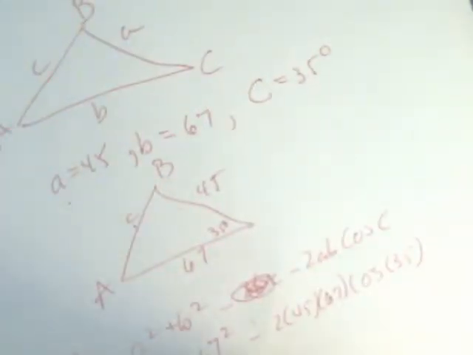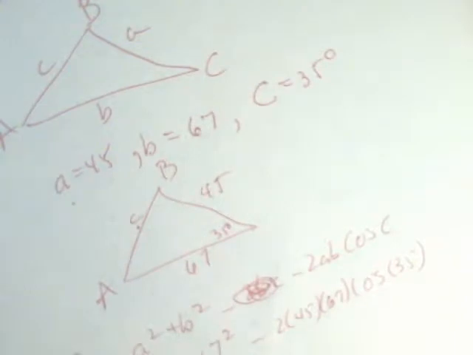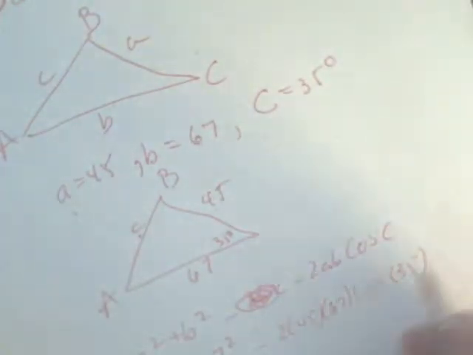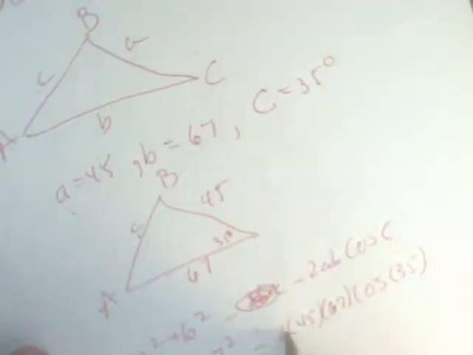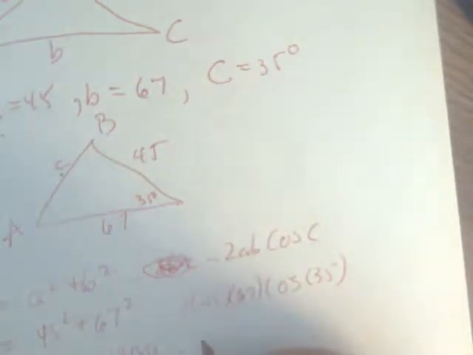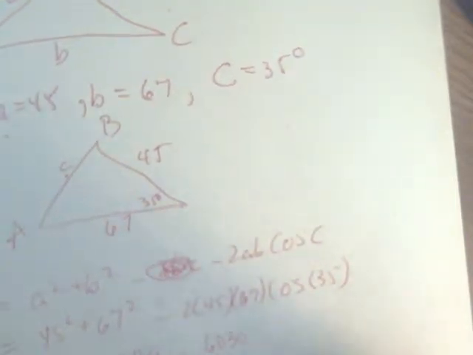So 45 squared is 2025. 67 squared is 4489. I'm going to multiply these three numbers together here. So 2 times 45 times 67 is 6,030.